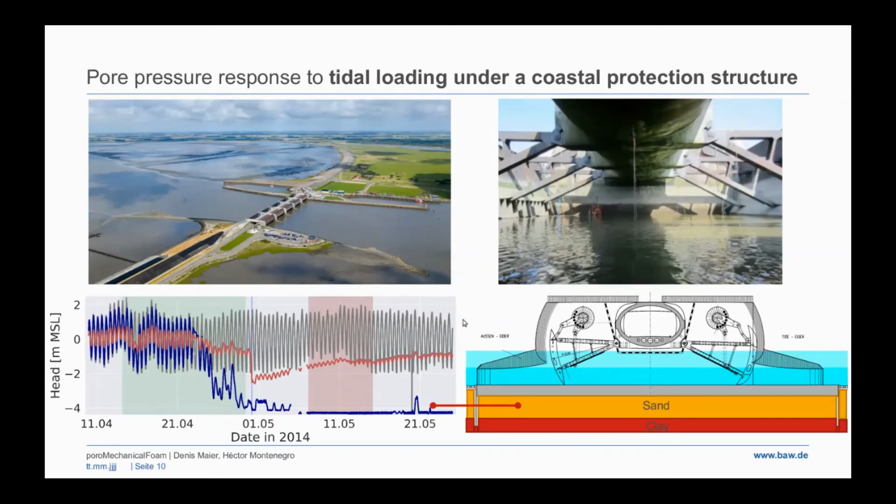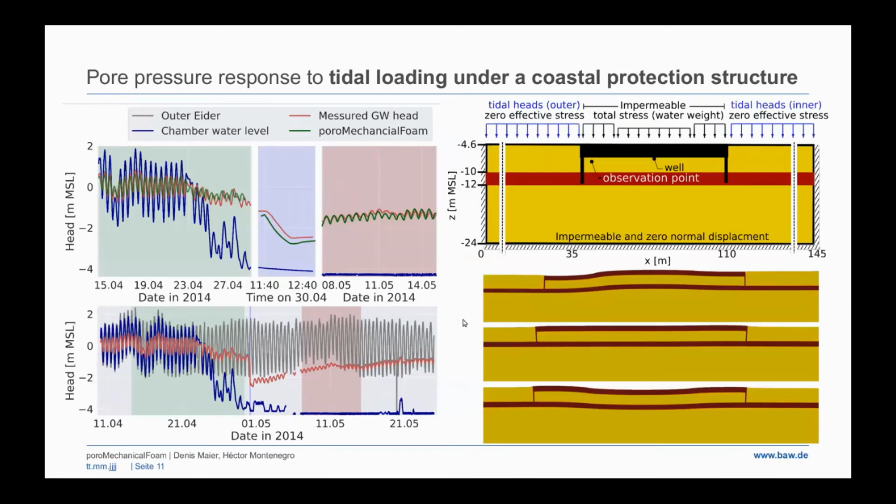So what we did is we made a simple 2D plane strain model with 5% gas in the pore space. And we included some more of the region in front and behind the coastal structure, and gave the tidal heads as hydraulic loads on the soil interfaces and as total stresses on the concrete slab.